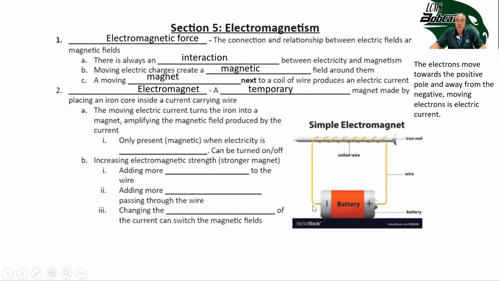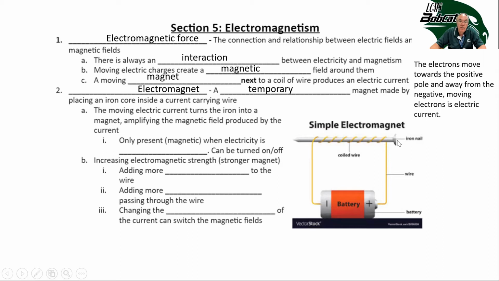And when we hook it to the battery, okay, the wire creates an electric field around it. The electric field is a magnetic field, okay? It has the properties of a magnetic field around the wire. That affects the atoms in the nail. The atoms in the nail are going to start to line up according to the poles of the field created by the wire.